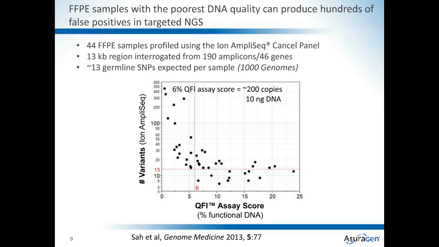And for the samples that have relatively high quality, high QFI assay score, the number of variants, generally between 10 and 15, is consistent with expectation. However, once you drop below about 6% QFI, at that point, there's a sharp rise in the total number of variants that are detected, in this case, using the Ion Torrent caller. The reason for this is that you're moving into a range where the assay is less robust, and there can be stochastic calls, particularly near the limit of detection, that flare up.